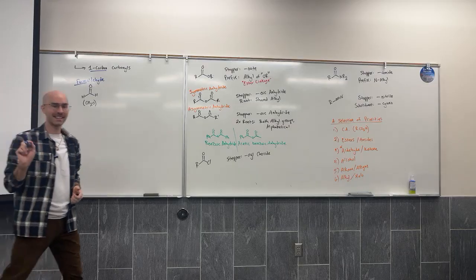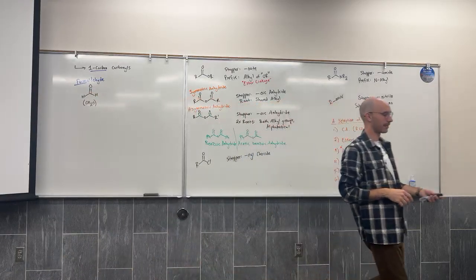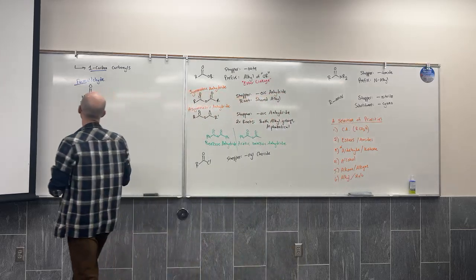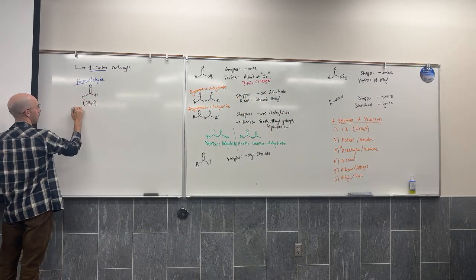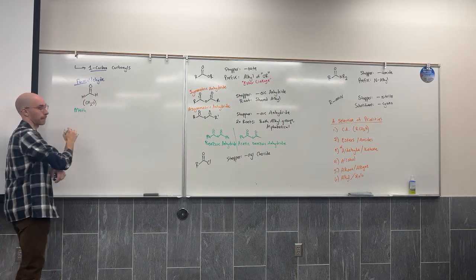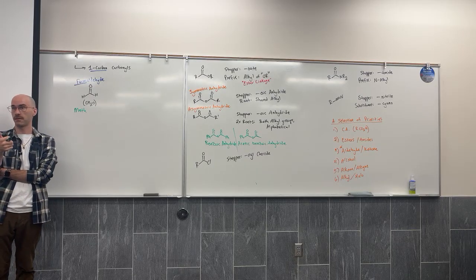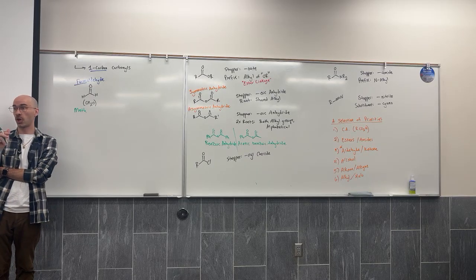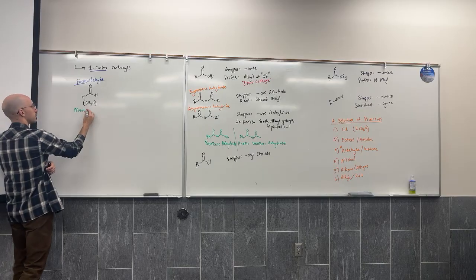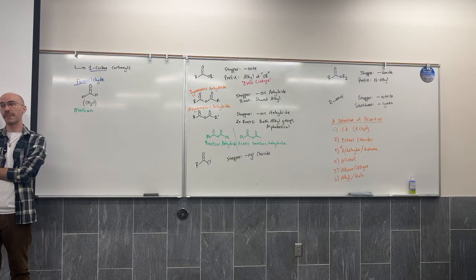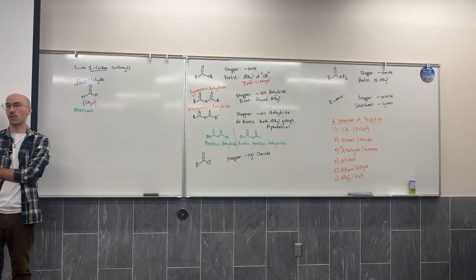A systematic name for this compound, an IUPAC name rather than a common name: one carbon, meth, no alkene, no alkyne. So the suffix is ane, but it's not methane, that's CH4.